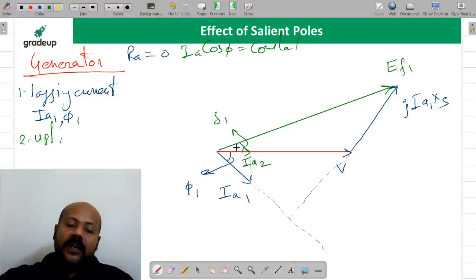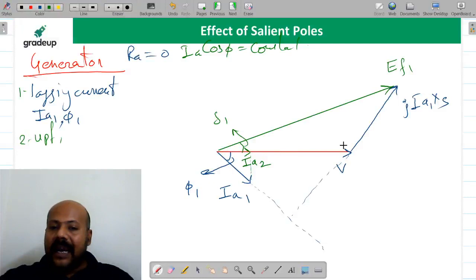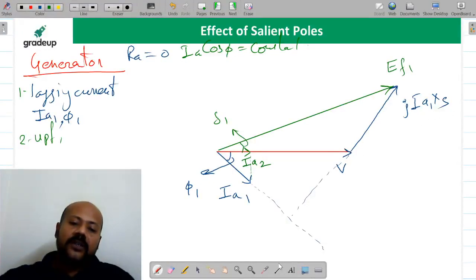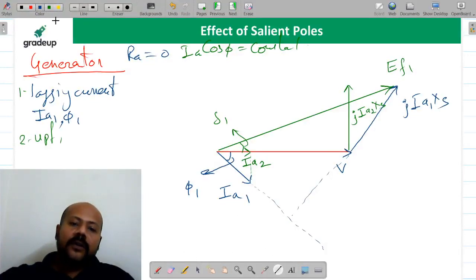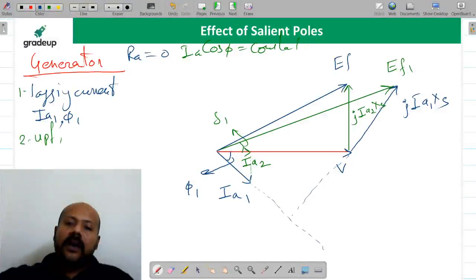So your armature current is going to be like this, in line with the terminal voltage V. Now what is going to be your jIA2XS drop? It is going to be something like this. This is your jIA2XS. And what is going to be your excitation EMF? This is going to be something like this. This we are calling EF2.